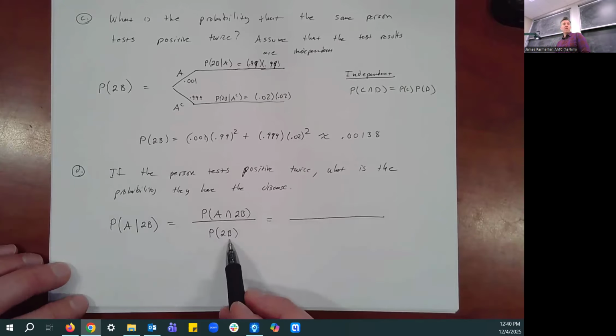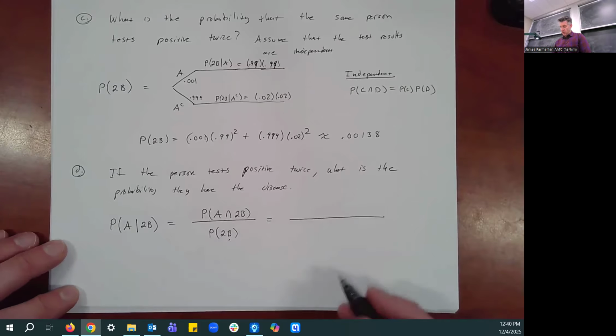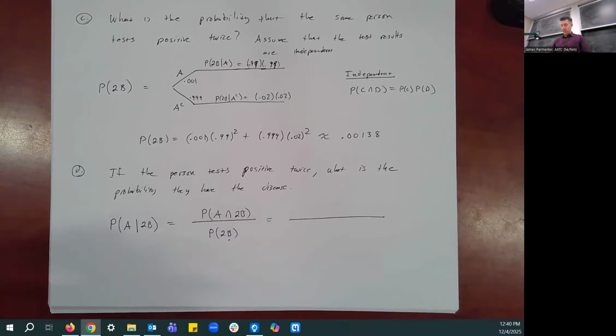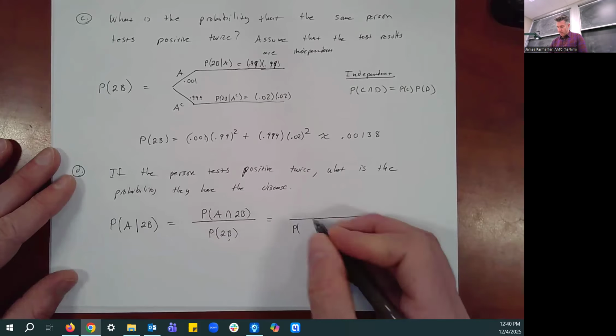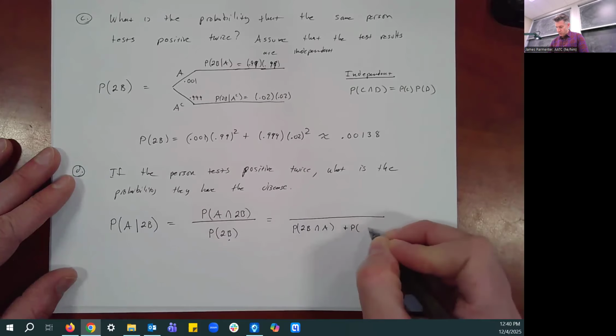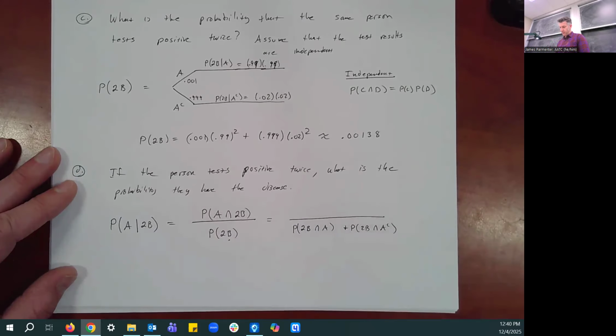The top part we already know, but I'll just remind you, it's the usual law of total probability thing, right? It's the probability of having two positive tests and having the disease, plus the probability of having two positive tests and not having the disease.